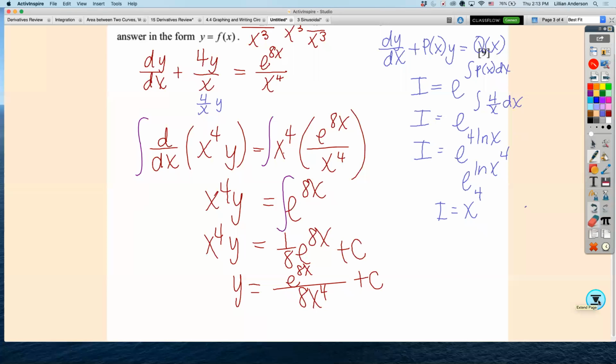Y was e to the 8 over 8, and x was what? 1. So, yep, c is equal to 0. So then y is just equal to.